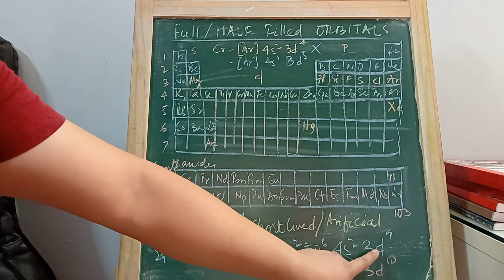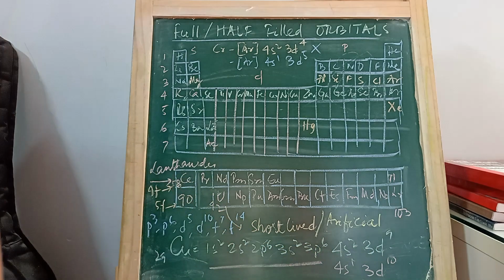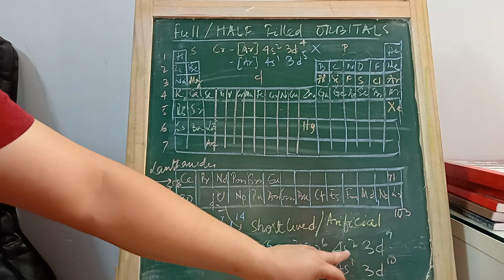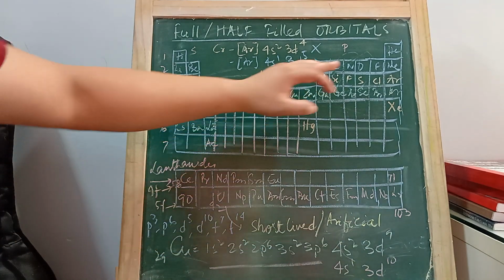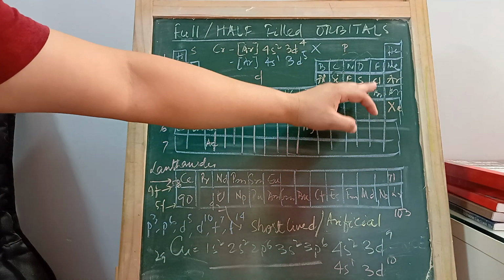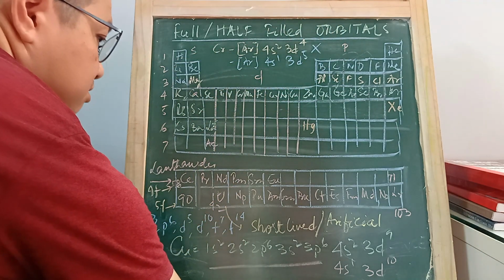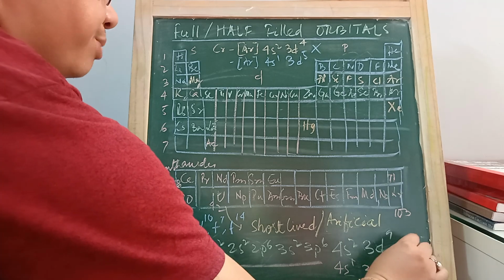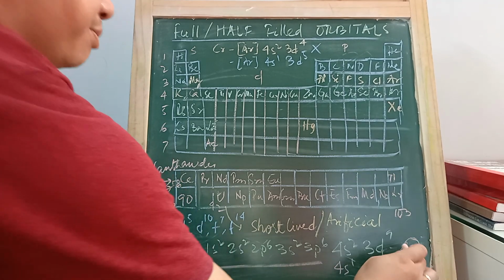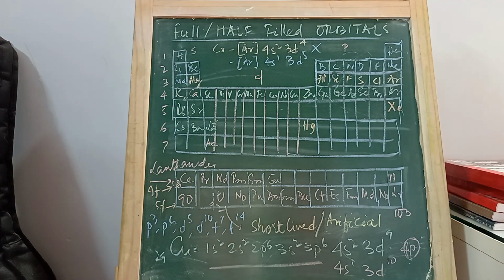Because of 4s and 3d, before filling up 4p, you have to fill up the 3d first. So let's see why not 4p first. The question is, why are we filling 3d first?